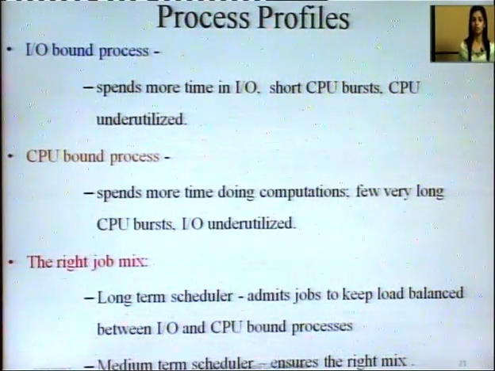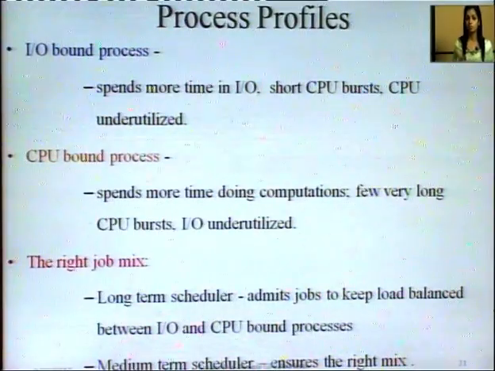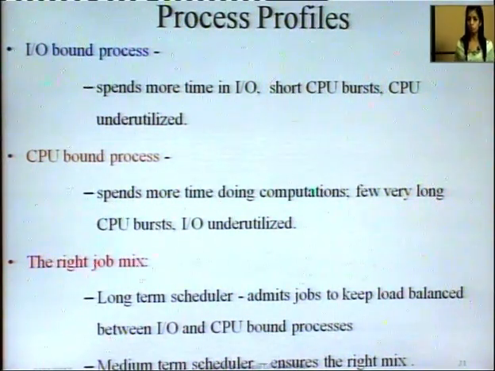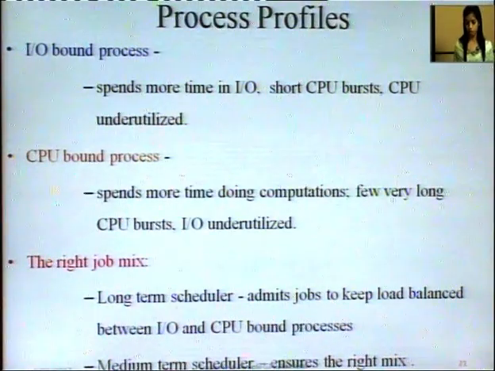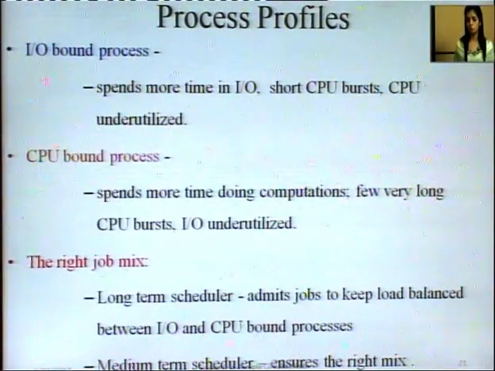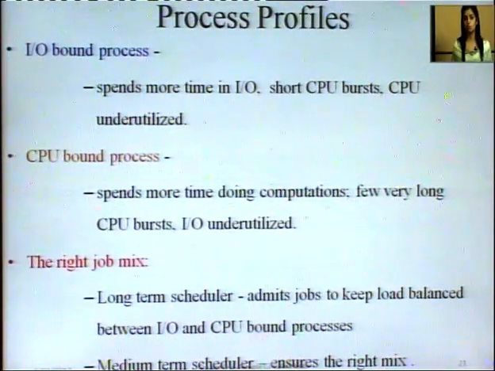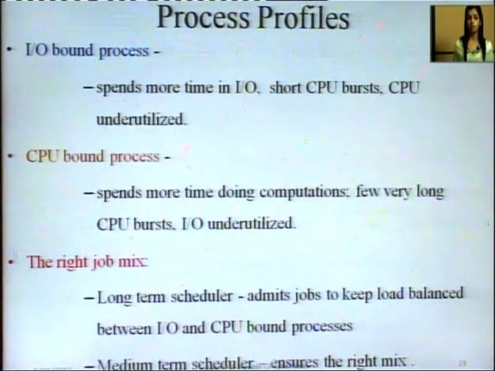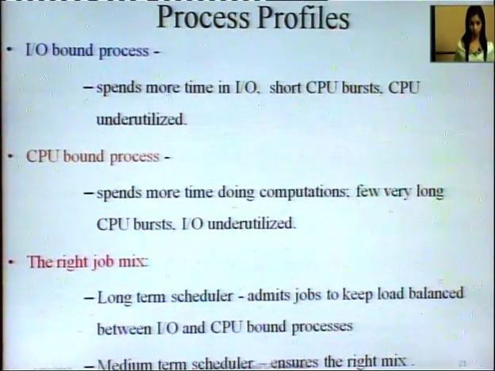That means a process that spends more time on input output is known as an input output process. A process or job that spends more time on the CPU is known as a CPU bound process. If the job is mixed with input output requests and CPU requests, that is known as a mixed job process.